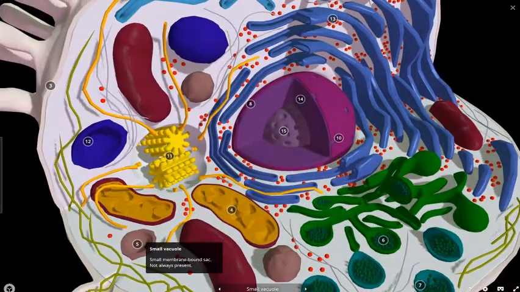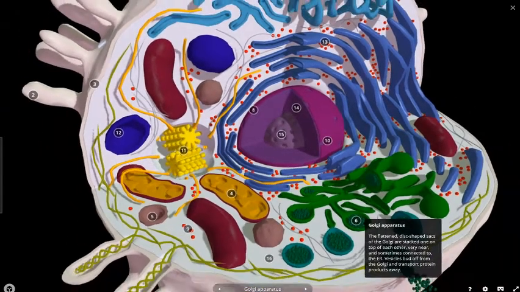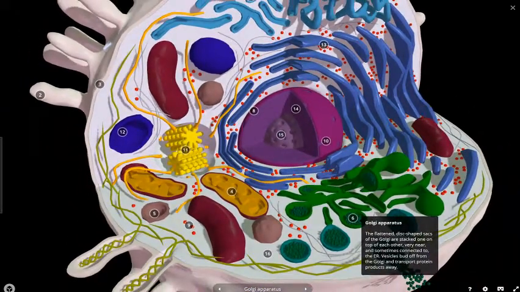Unlike the plant cell, the animal cell has a smaller vacuole, and it's not always present in an animal cell. Just like the plant cell, animal cells have a Golgi apparatus, which are stacks of membranes which are sometimes connected to the endoplasmic reticulum, and these are where the proteins are sent away through something called vesicles.